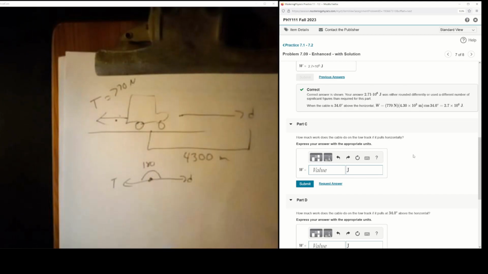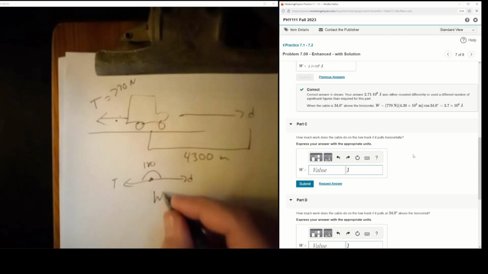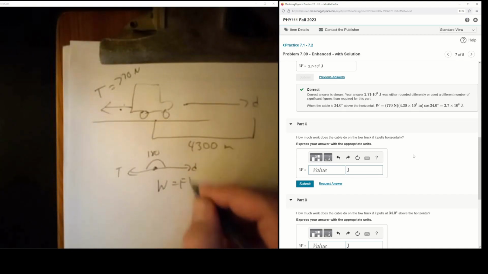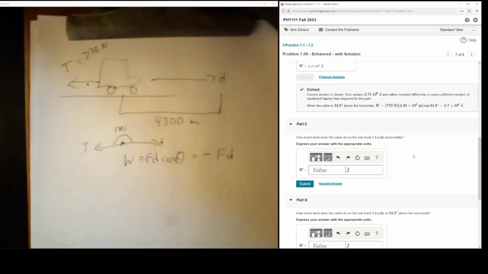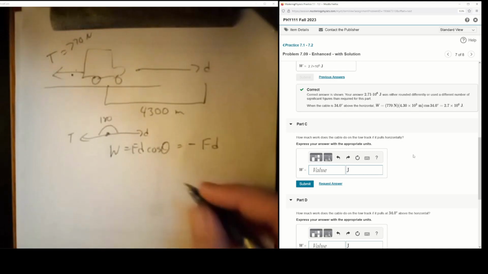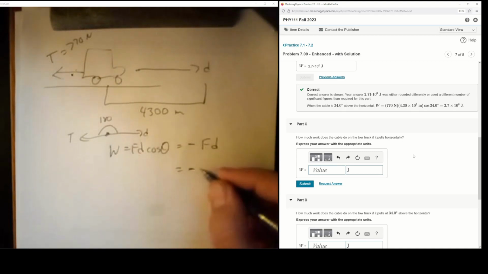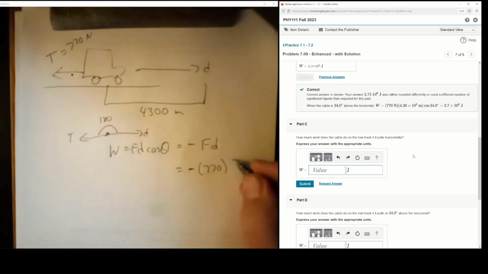That's 180 degrees. So when we look at work, since the angle is 180 degrees, cosine 180 is negative. The force we're interested in is tension, which they told us is 770. And the distance that has to be traveled is 4,300.